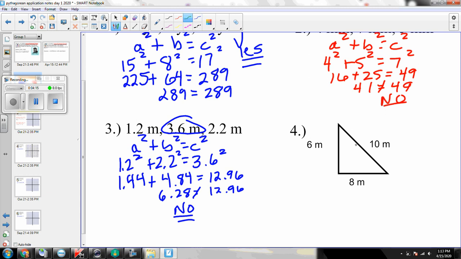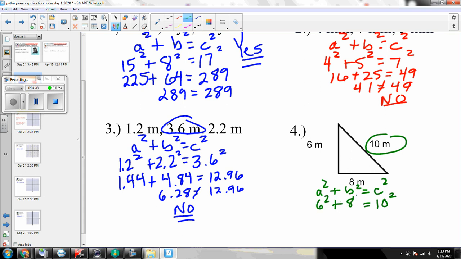On the last one, I have a drawing, and I need to still use the Pythagorean theorem, and I have to make sure that I put the hypotenuse, the longest side, in for C. So looking at this, 10 meters is the longer side. It's longer than 6 and 8. So I'll put 10 in for C. The legs would be 6 and 8.